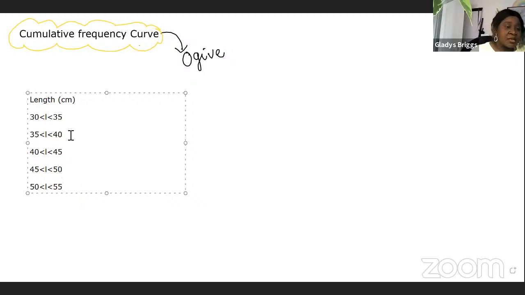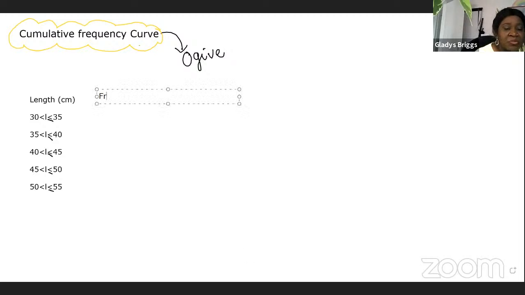I want to put the less than or equal to sign using my hands. So the sign here is this one. And the next one would be frequency.